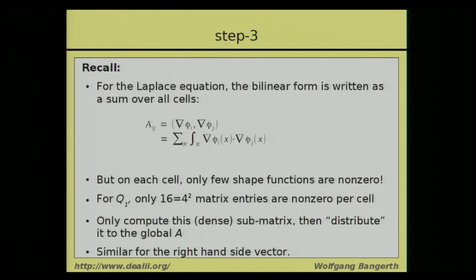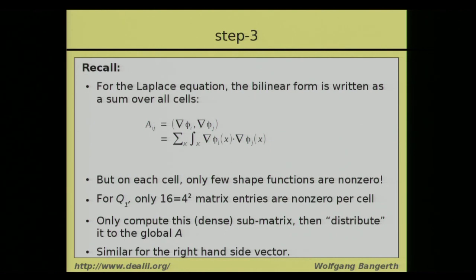So the finite element method, as I mentioned before, is a local method. Every shape function lives on exactly the cells that surround the vertex that it is defined on, or if it's defined on an edge, then on all of the cells that are adjacent to this edge. And so, in essence, the only i's and j's that we have to consider when we integrate over K are really the ones that are defined only on this cell.